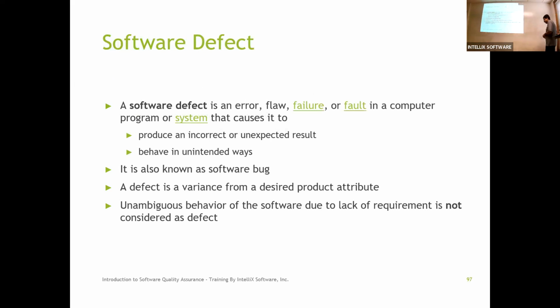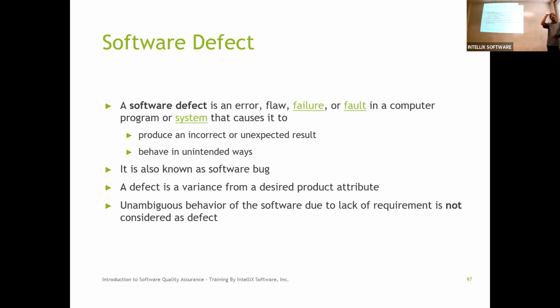Okay, so here is the Wikipedia definition of software defect. There are a few things you need to consider when you're looking at this slide. The first one is that a defect is nothing but an error or a flaw or a failure, and as a result of that failure, your system produces unintended or unexpected results.